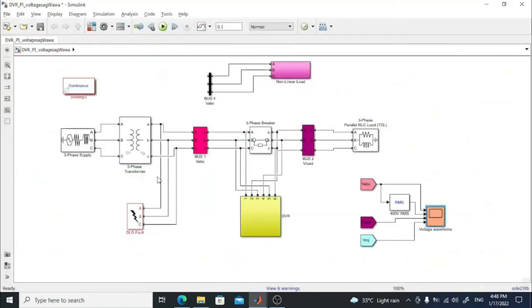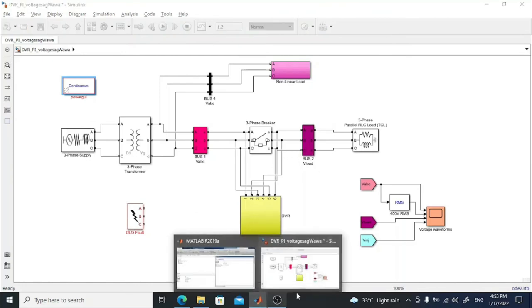Let's move on to mitigating harmonics. For the harmonics, we are going to use a non-linear load instead. So we connect the non-linear load at bus bar 1 and disconnect the DLG fault.